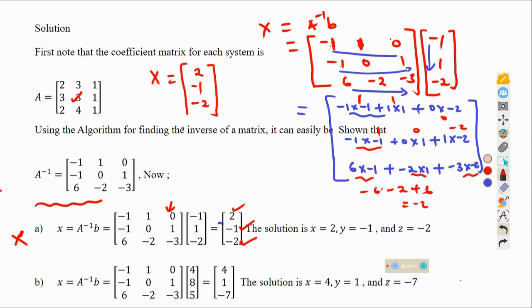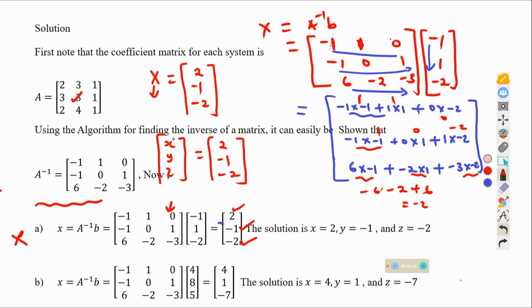But remember X is representing the matrix x, y, and z. So you will have x, y, and z equaling 2, negative 1, and negative 2. When you have such matrices, you equate the two matrices.